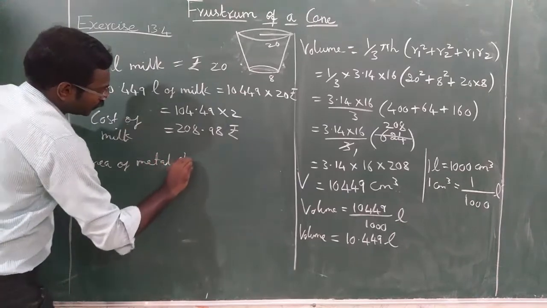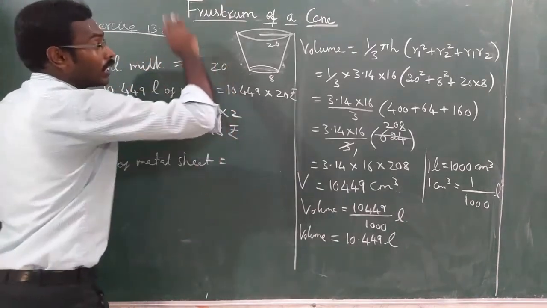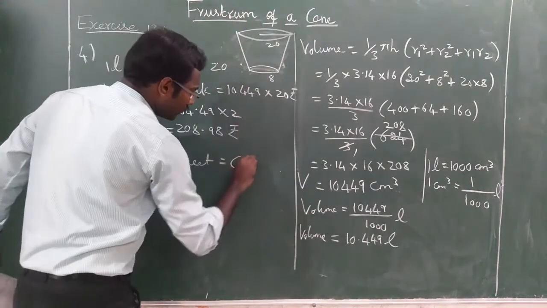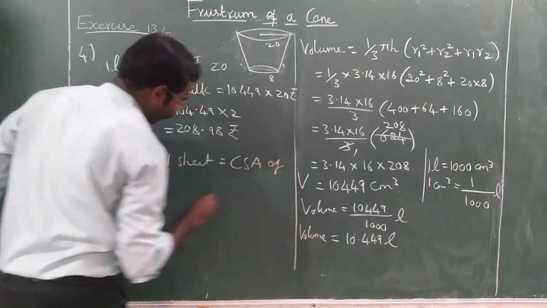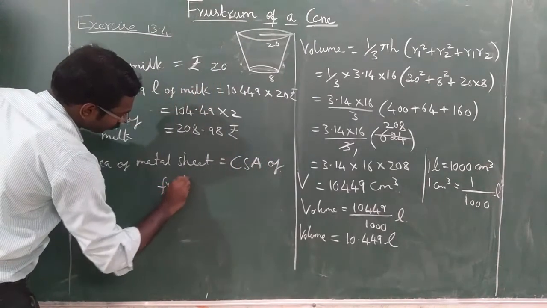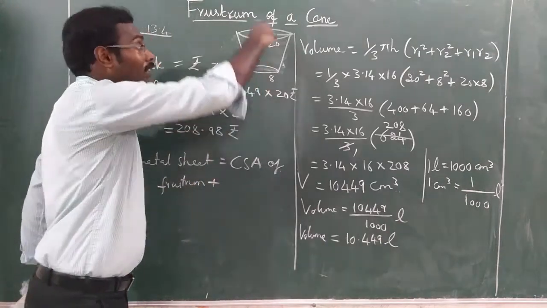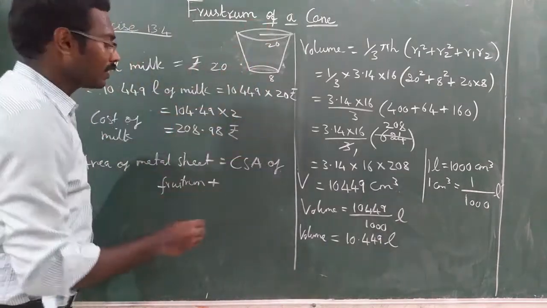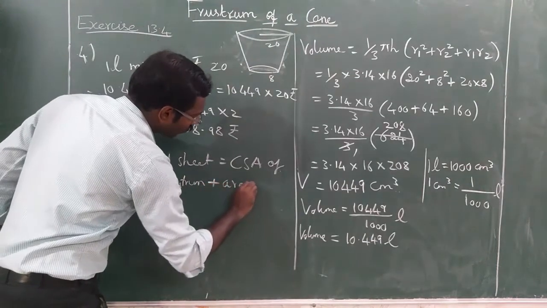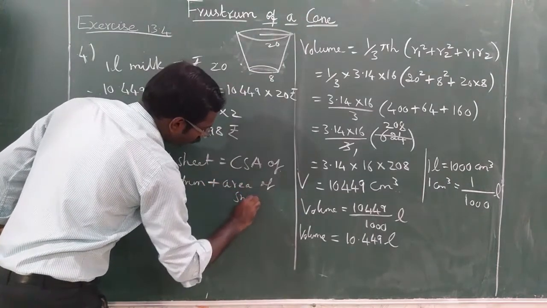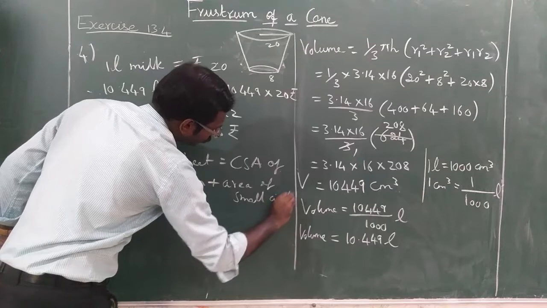metal sheet is equal to curved surface area, CSA of frustum, plus area of circle. Which circle? Big circle or small circle? Small circle. Area of small circle.